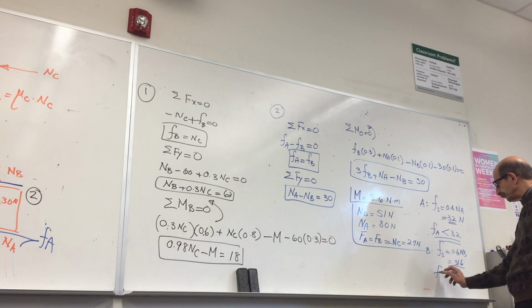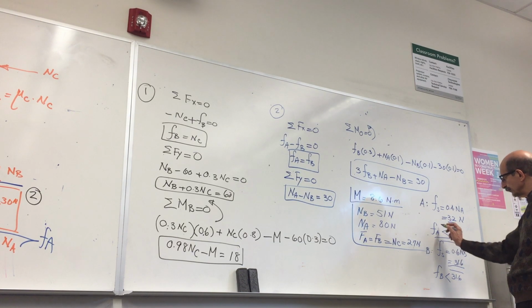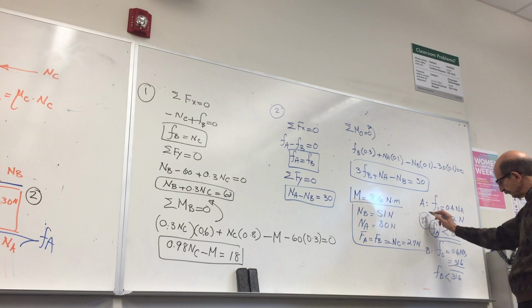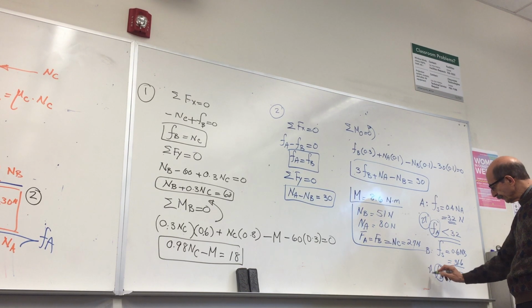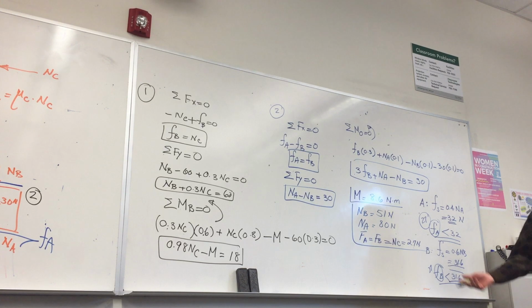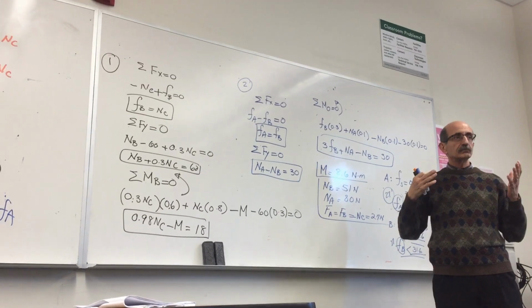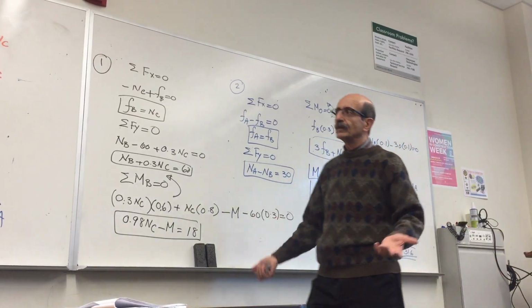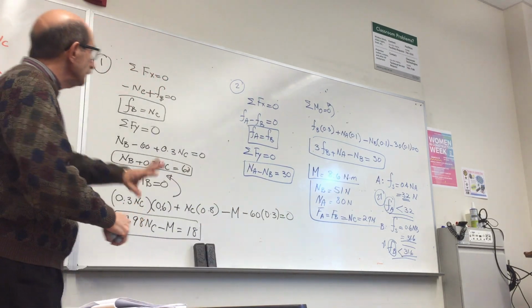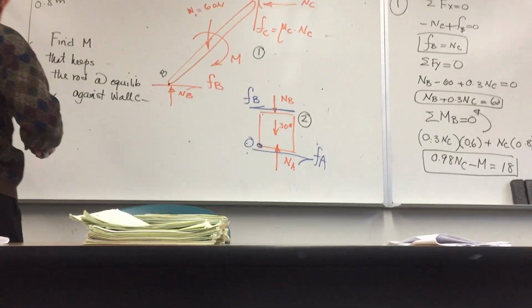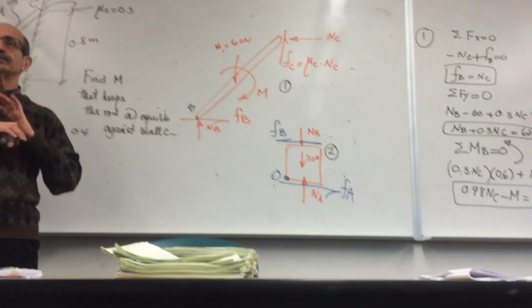Again, FB is less than 31.6, because this is 27, and this was also 27. So no motion takes place there either, because those forces are less than the maximum friction force that can be developed there. So for this value of M, we are confident that the system is not going to move at any potential location where motion may take place. So it's completely in equilibrium.